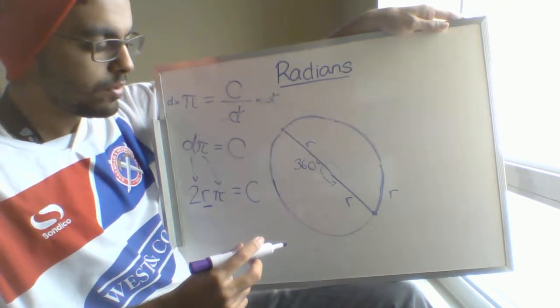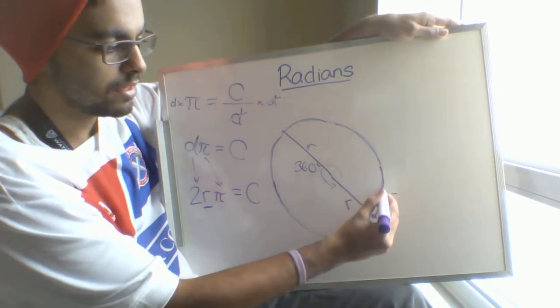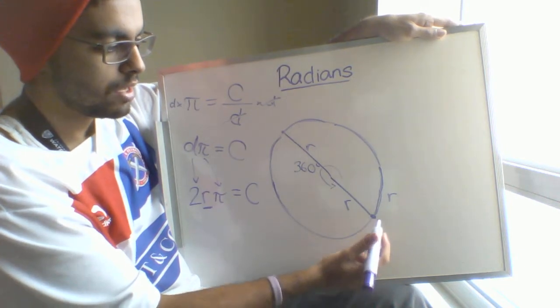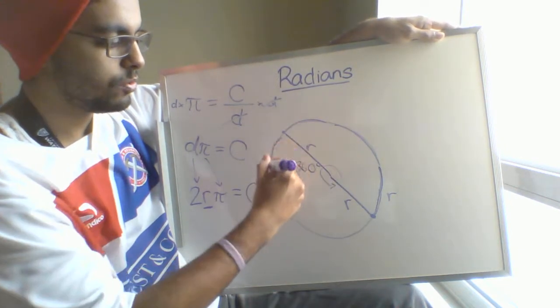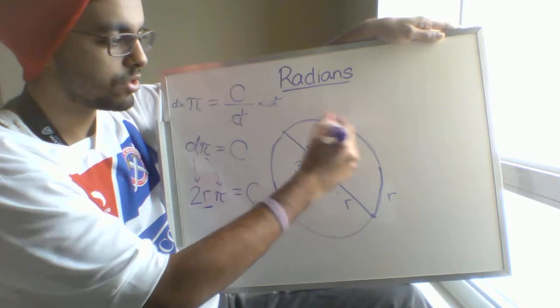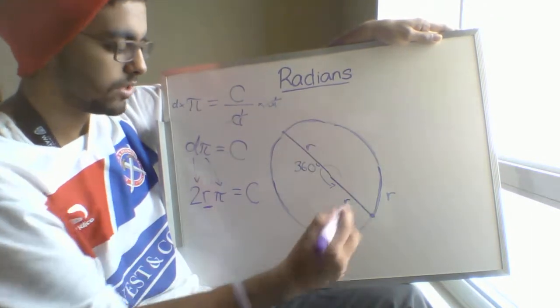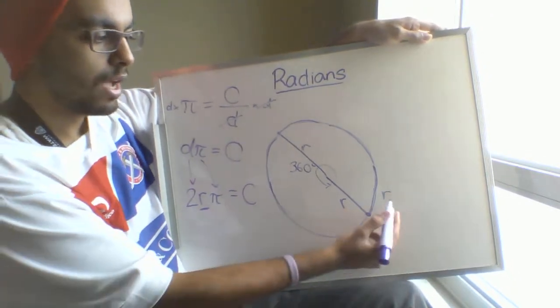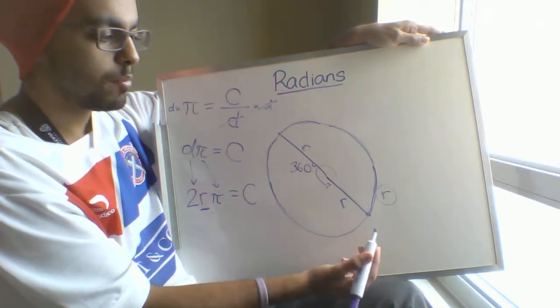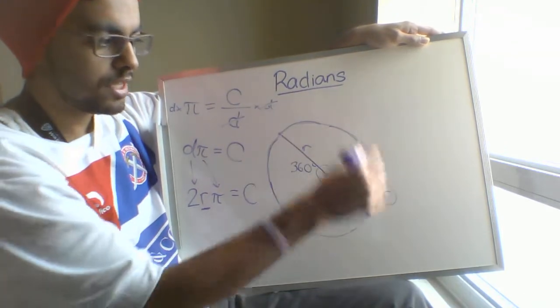Now we want to know, if we've got a segment this many units long, how many of those do we have to add in order to go around the circumference once? Basically, r times what number gives us c?